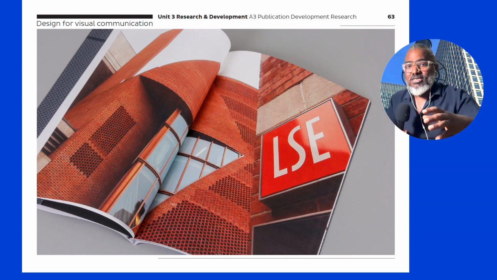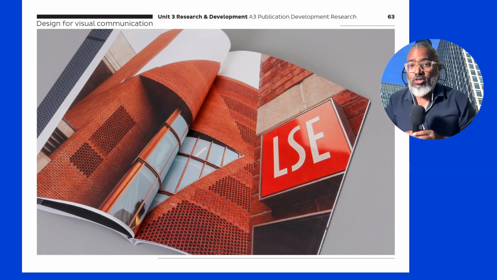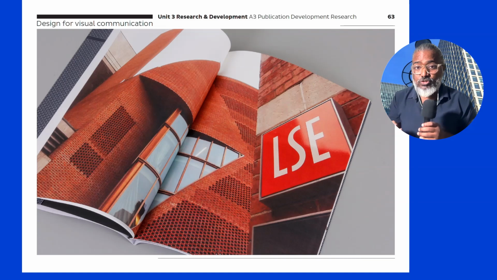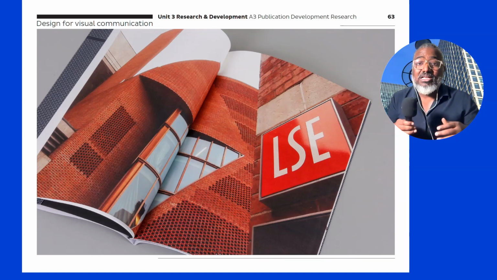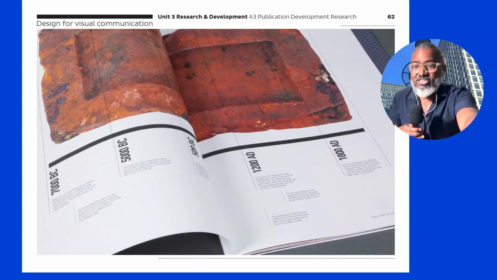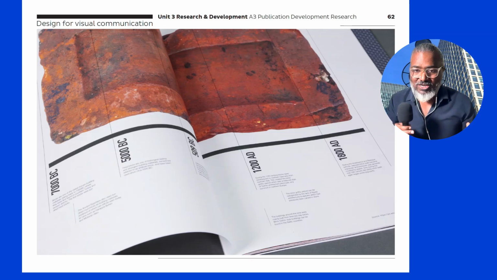But the overall learning here: first you do research and you write an article, then you collect images around that particular subject, and then you start composing and making a publication. While you're composing, how interestingly you compose it, how interestingly you use images, how interestingly you narrate the story, that's what really matters.